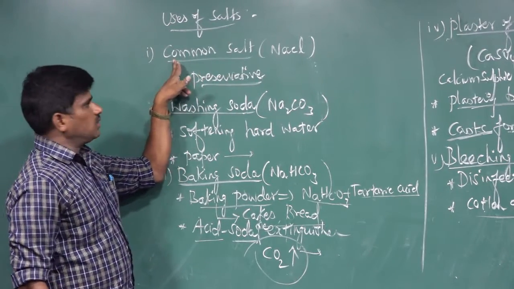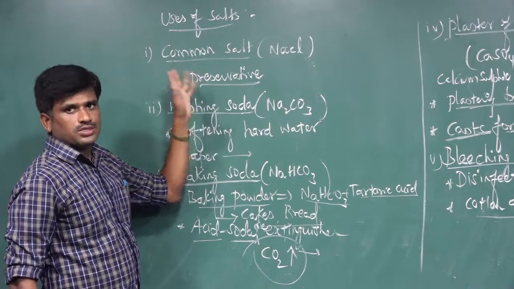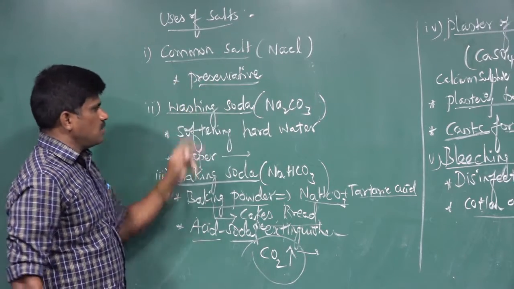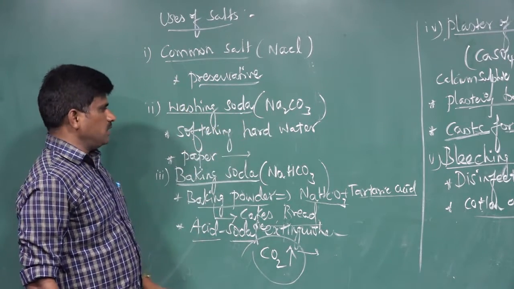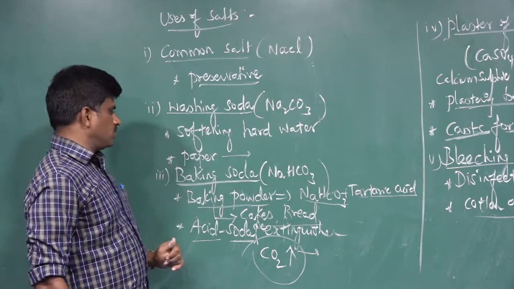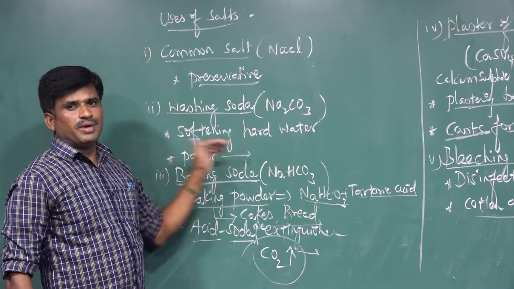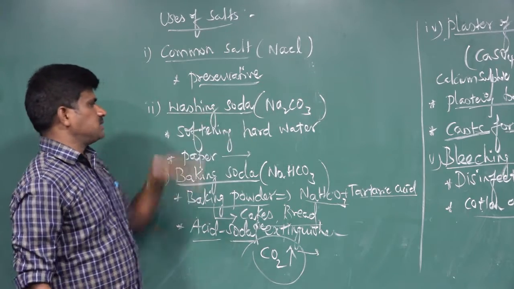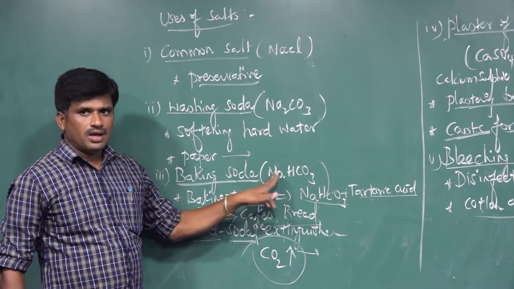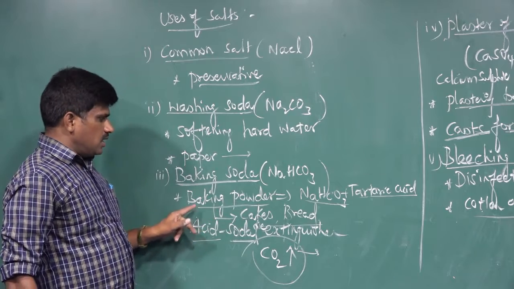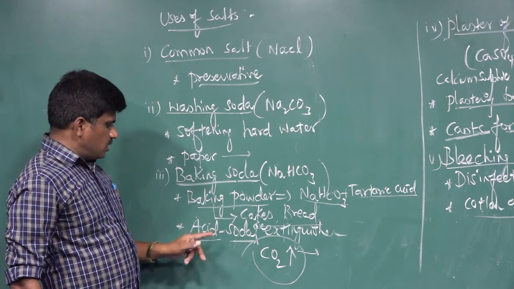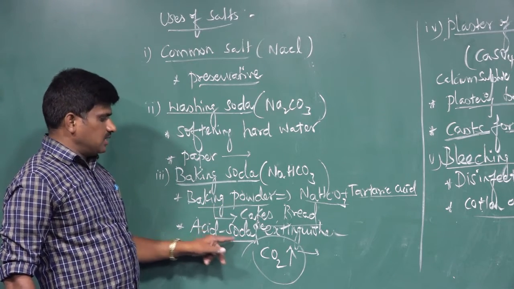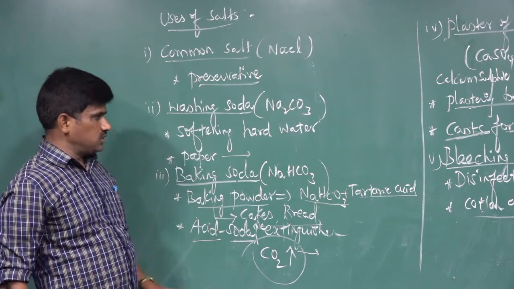First is common salt, sodium chloride. It is used in our daily life as well as a preservative. Washing soda, Na2CO3, is used for softening hard water, and also in industries such as the paper industry. Next, baking soda, NaHCO3, is used to make baking powder and in soda acid fire extinguishers.